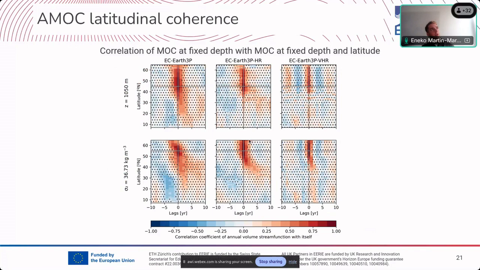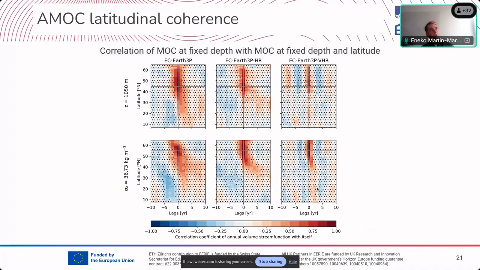In the case of the eddy-present model, HR, we have some kind of longer time propagation, which reaches 35 degrees north, 32. This is where Cape Hatteras is located. And in the case of the very high resolution, we have really fast propagation and no persistence until 35.